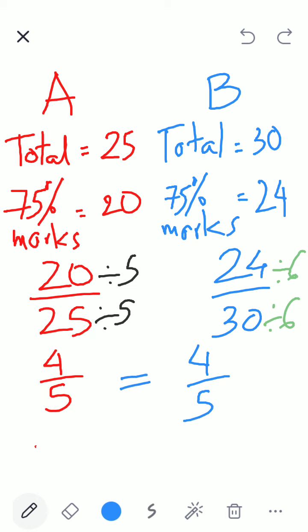No need of going to 150 and all. So children, every topic which you study, you can interconnect. Simplification, comparison, like, unlike, equivalent, everything. So in 2 steps, we could get this.